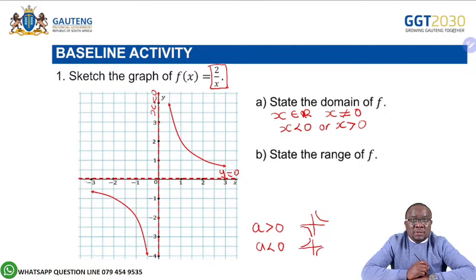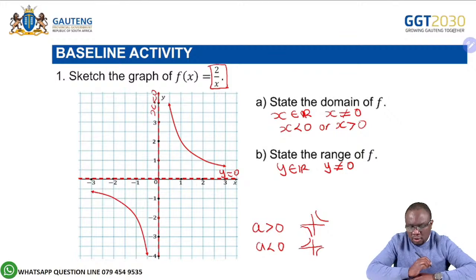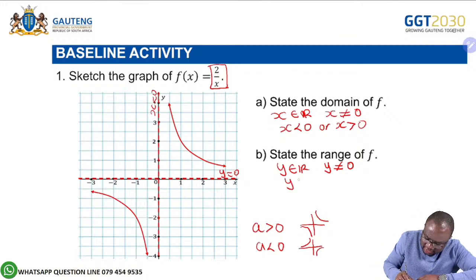Remember, the graph approaches the asymptote, but will never touch it, will never cut the asymptote. So y is an element of real numbers, but y cannot be equal to 0. Or you can say y is less than 0 or y is greater than 0.